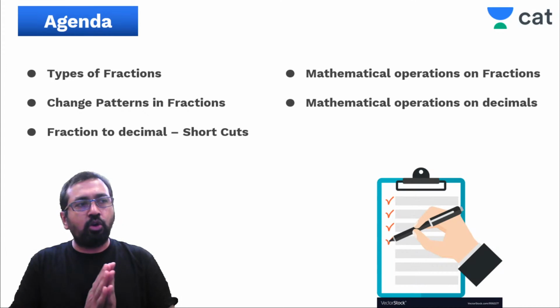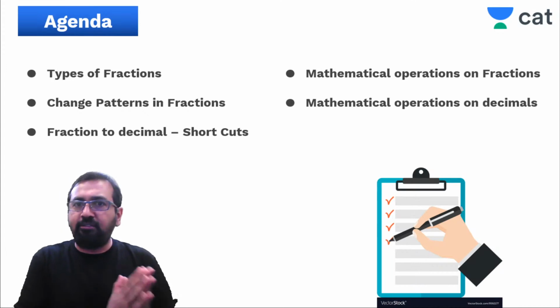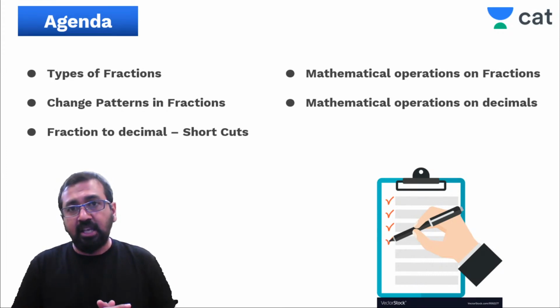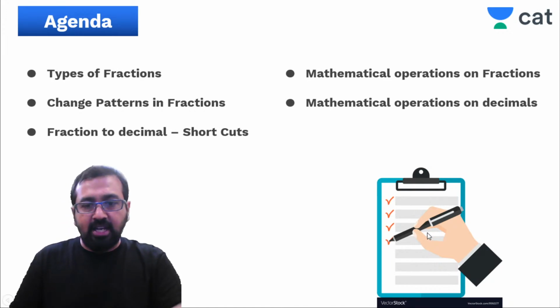So if you are from non-engineering background and if you have left your mathematics after your 10th standard, probably this session will be really helpful for you. So please don't go anywhere and keep your pen and paper ready. I'm going to give you some interesting tips which you can note down, some shortcuts, and definitely will practice plenty of questions. And yes, do not use calculator throughout the session. So yeah, let's go ahead.